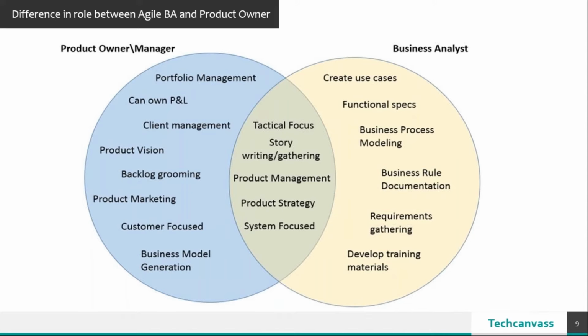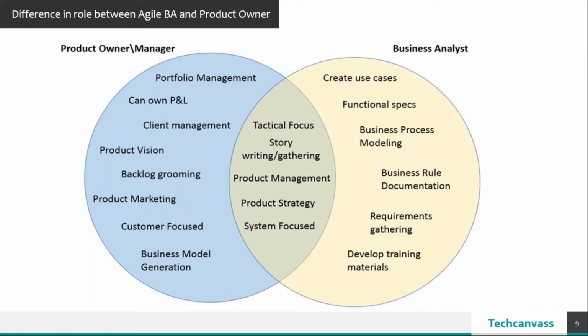And of course there are also overlapping bits, wherein story writing, a product owner can also be a part of writing user stories. He is also part of product management for sure, along with the business analyst. And the business analyst at times is also involved in deciding upon the product strategy.